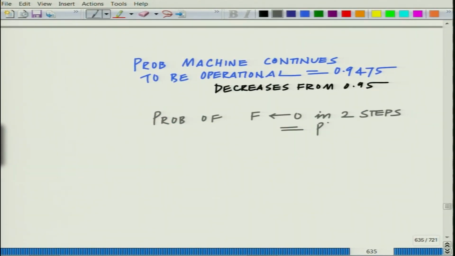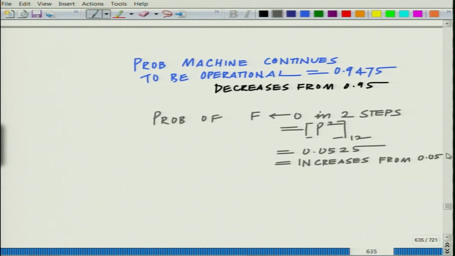This is 0.0525, which increases from the 1-step value of 0.05, right.